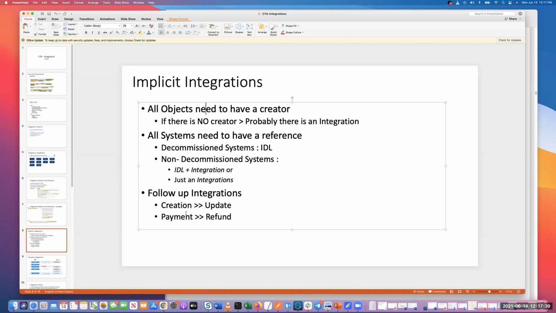And also on the integrations, make sure you identify what the follow-up integrations are. These are my list of checkpoints that I came up with, but I think it's good to check these three areas that you're going to come across.